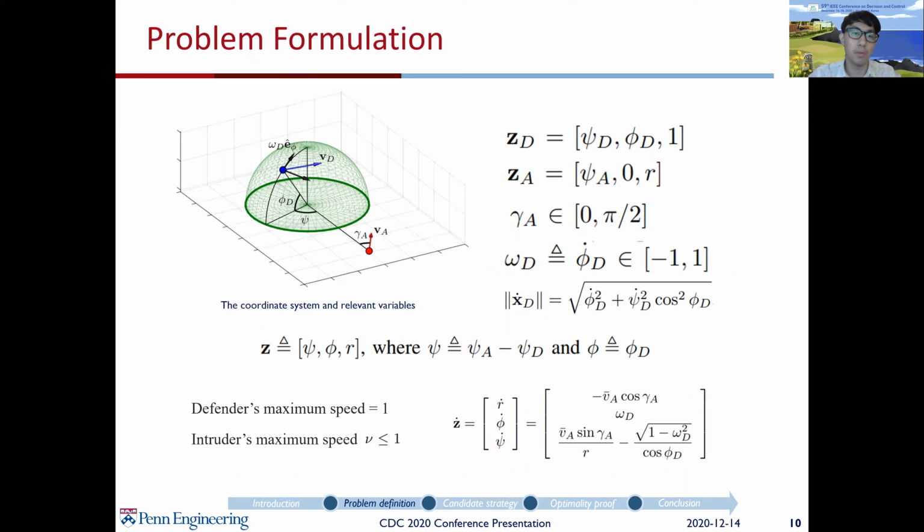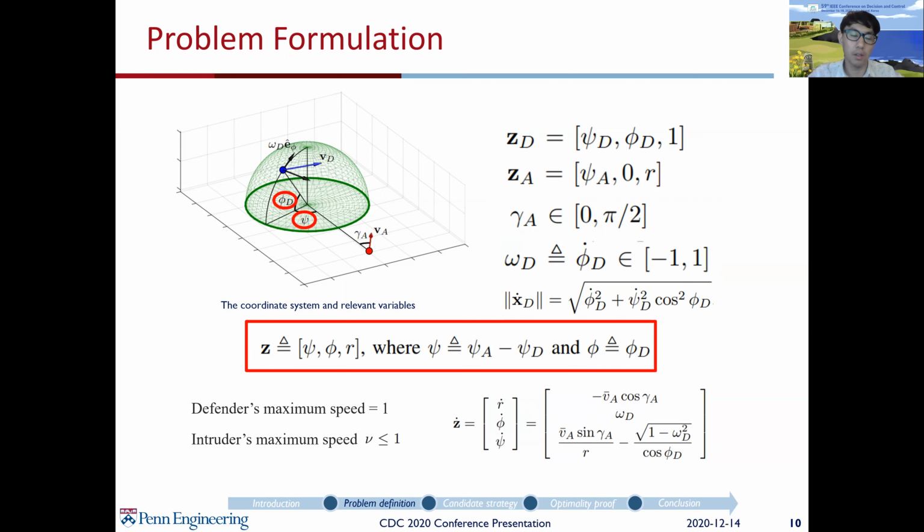As for the problem formulation, we consider z_D and z_A as the spherical coordinates of the defender and intruder. And we also have gamma and omega for the speed of the intruder and defender. The speed of the defender is characterized by this equation.